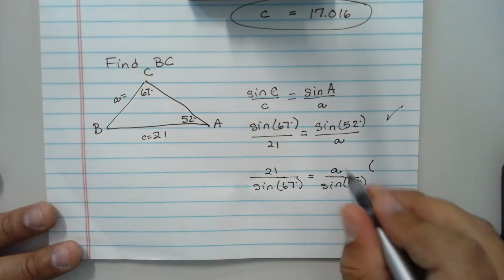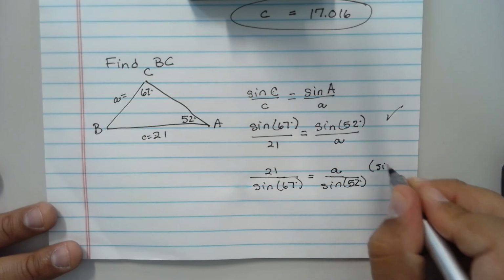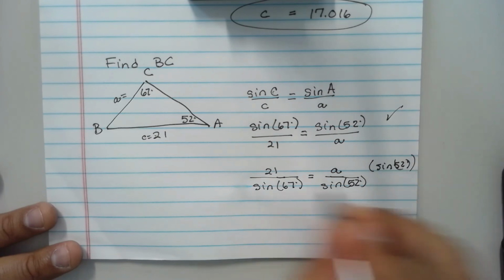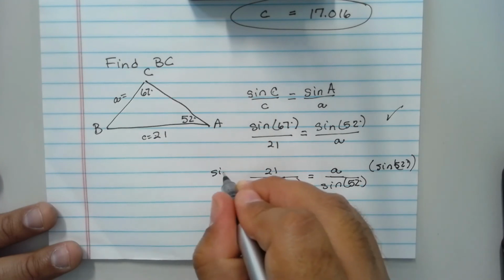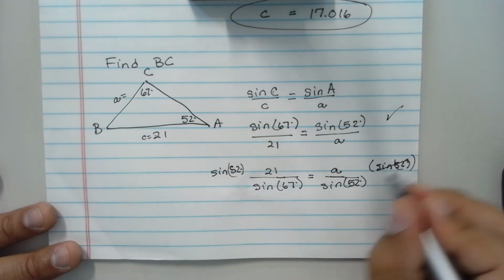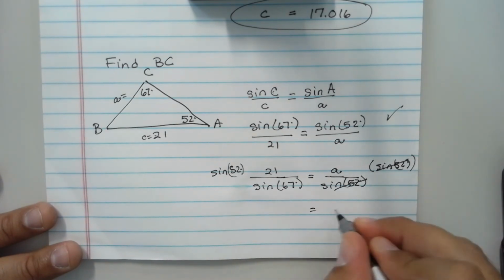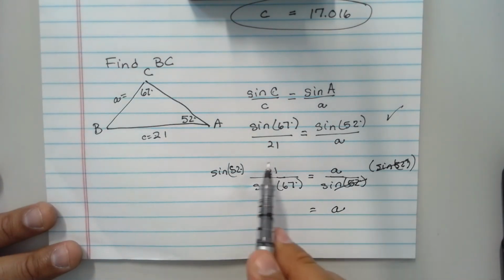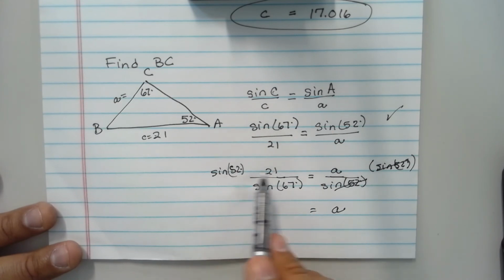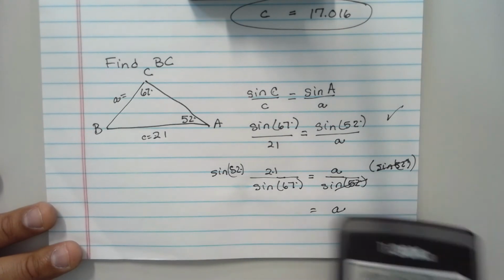So if we want to isolate a, we multiply sine 52 degrees to both sides. This will cancel out. So now you just have to solve for a. Well, again, we do sine of 52 first, multiply by 21, then divide by sine of 67.